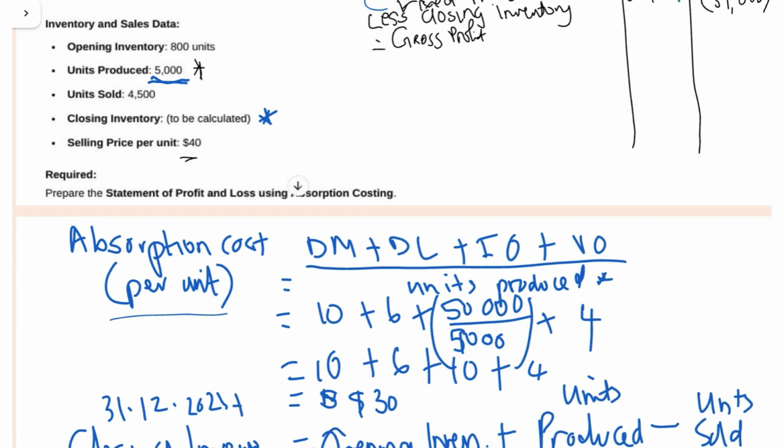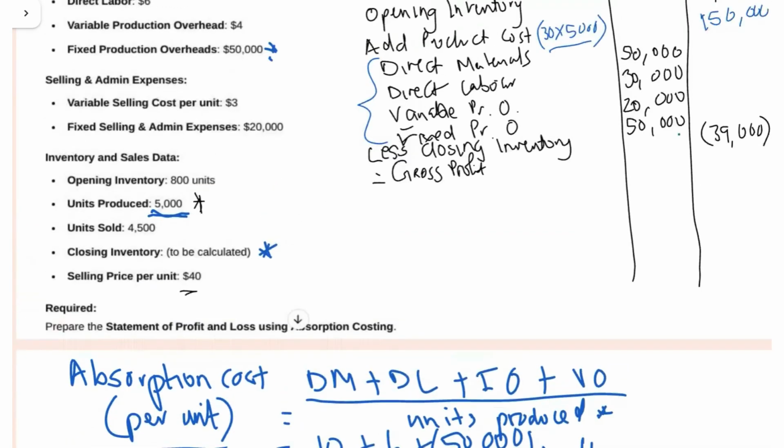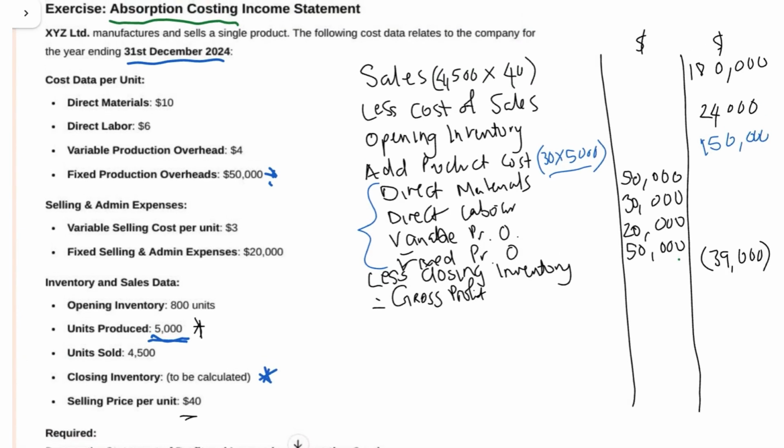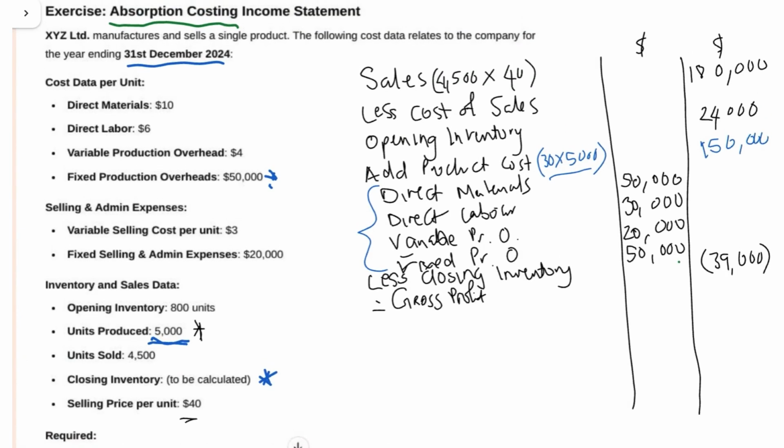So we have to divide it by our units produced so we can get that unit for just one item. Then when we add it all up, we get our cost per unit, and it will be much easier to move forward. So that's the difference between absorption costing and marginal costing, is the treatment of our fixed manufacturing overheads, only manufacturing overheads. All right, okay, so let's move on.